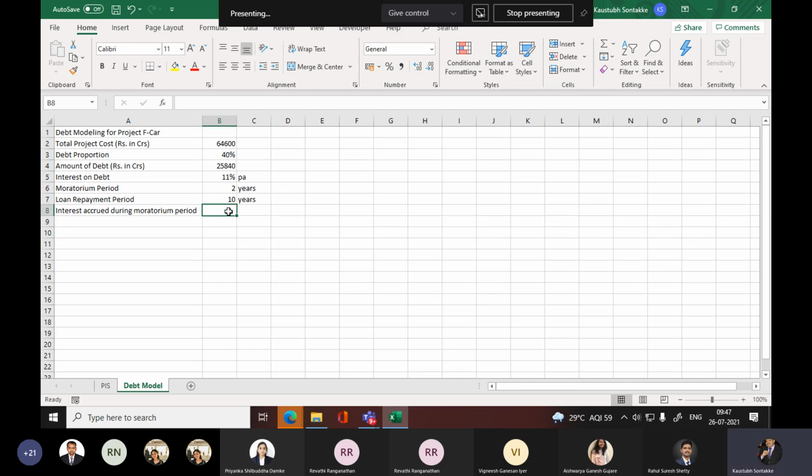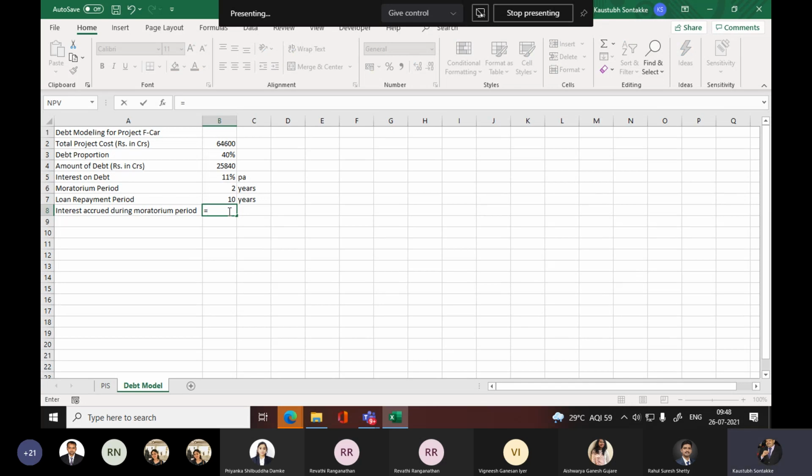So we have taken a loan of rupees 25,840 crores. On that there is a 11% per annum interest. Okay, and for 2 years we have to make it accrued. So how we will write a formula now. How the formula is being formulated here, you can pay attention carefully.